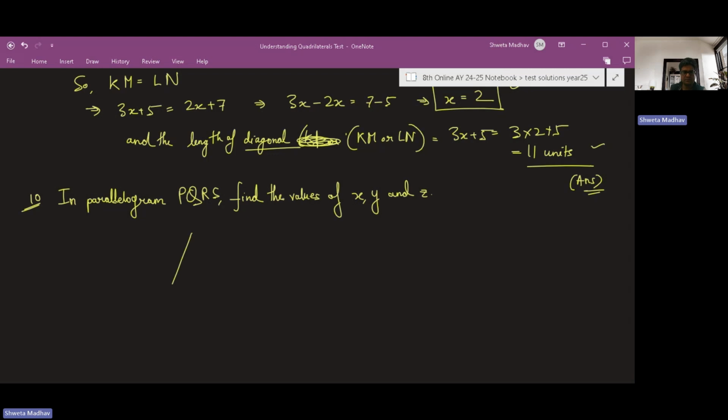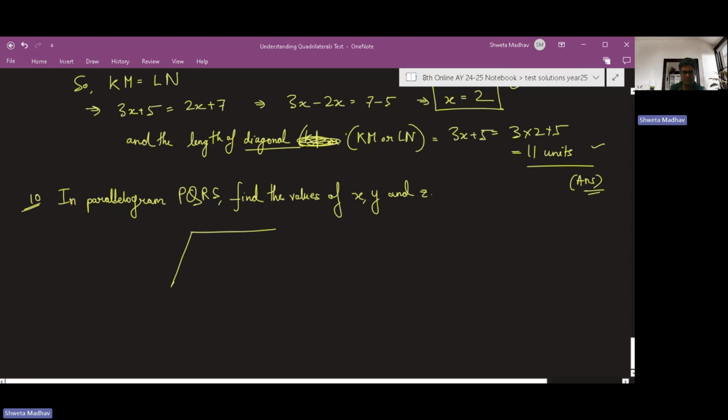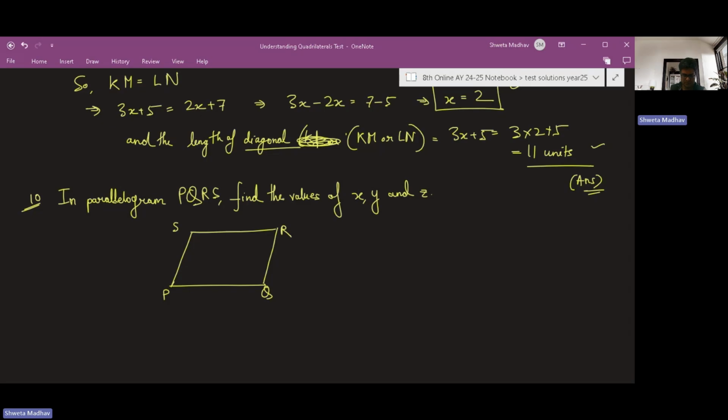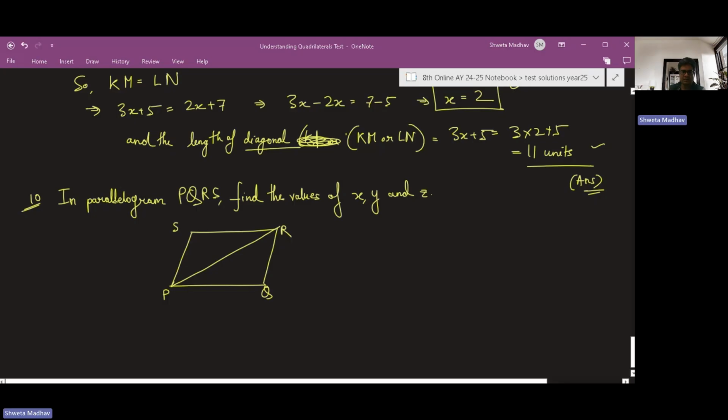So there is a parallelogram PQRS. PR is one diagonal and QS is another diagonal.